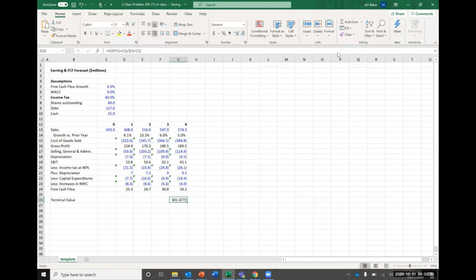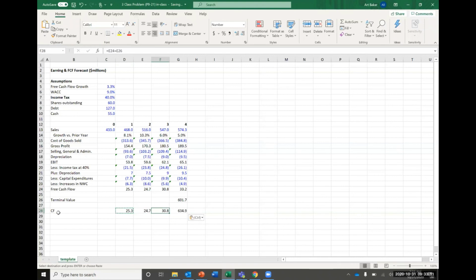So what I need to do is add up all the cash flows so I can discount them. It's really just for Excel purposes, I'll call it cash flow. So really free cash flow, but it's basically the sum of free cash flows and terminal value. So this is what this line is, and this is what I will use to discount, right?